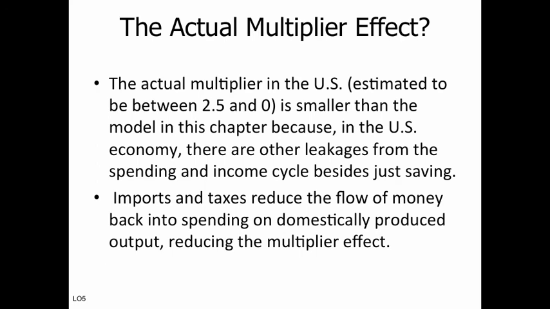So these multipliers are typically smaller than the ones we'll use in our examples, because in reality there are other leakages from the economy that we have to take into consideration. For example, when there's a change in income, part of that is taxed, and that leaves our spending chain. We might also have part of that income going towards an import. An import doesn't have any effect on domestic GDP.